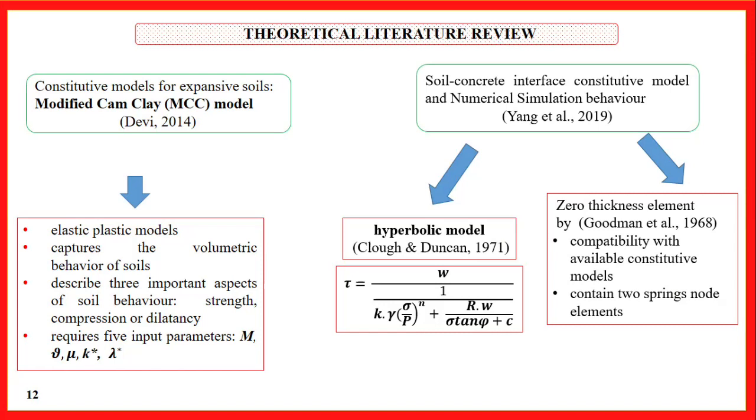I don't want to improve these models, but to develop another one. Why do we need another model? Why is this one not adequate? Because, for example, the modified Cam-Clay is only a model for the soil, and the second one, the hyperbolic model, is only about the interface.